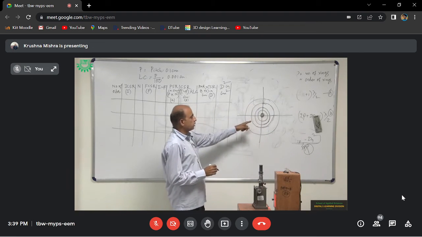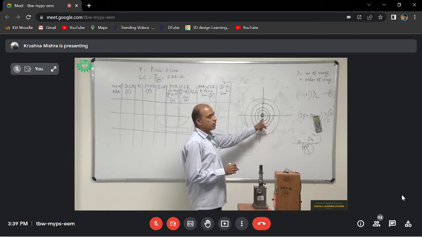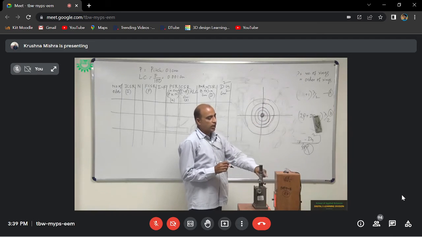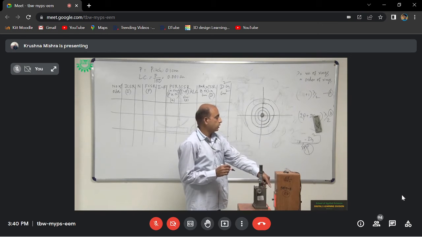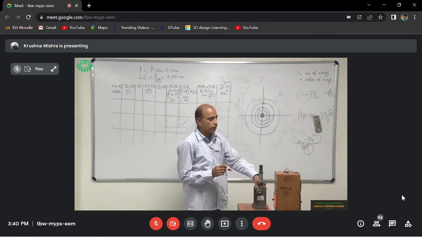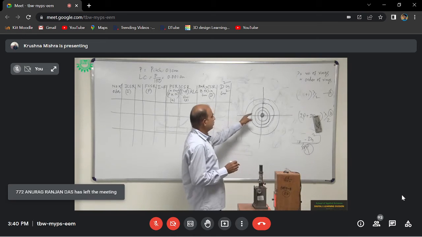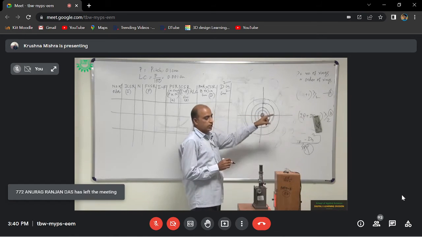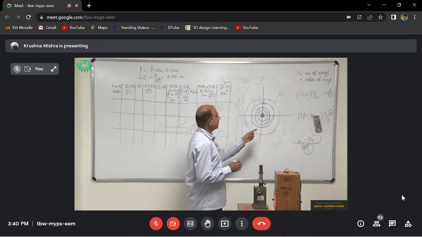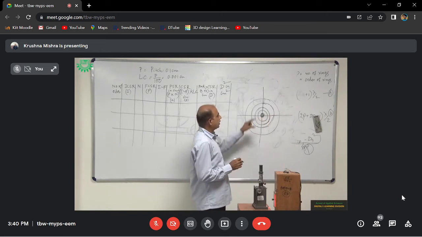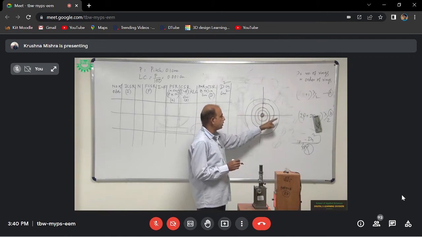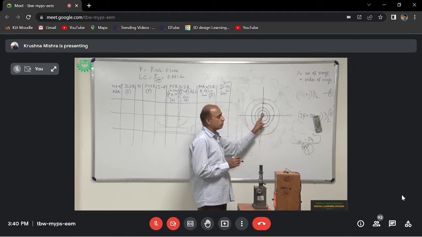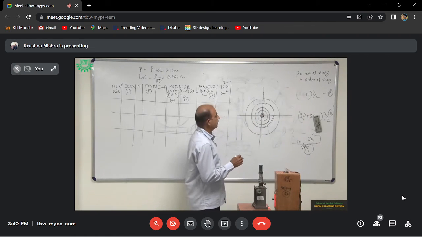Initially we have to see that the rings are clearly visible and light is properly incident. It is always kept at the focal plane of the convex lens. So light should be incident properly, rings should be visible clearly, and the intersecting point of the crosswire must coincide with the center of all concentric rings.